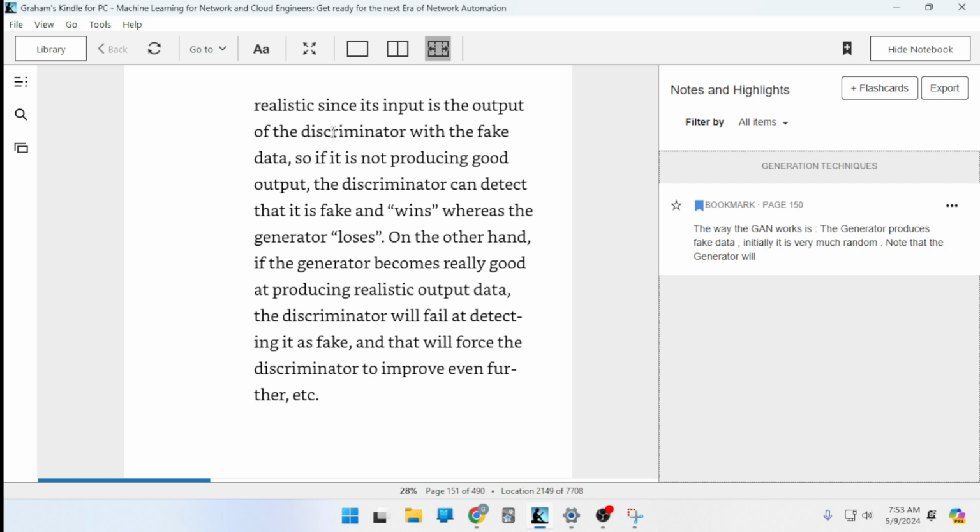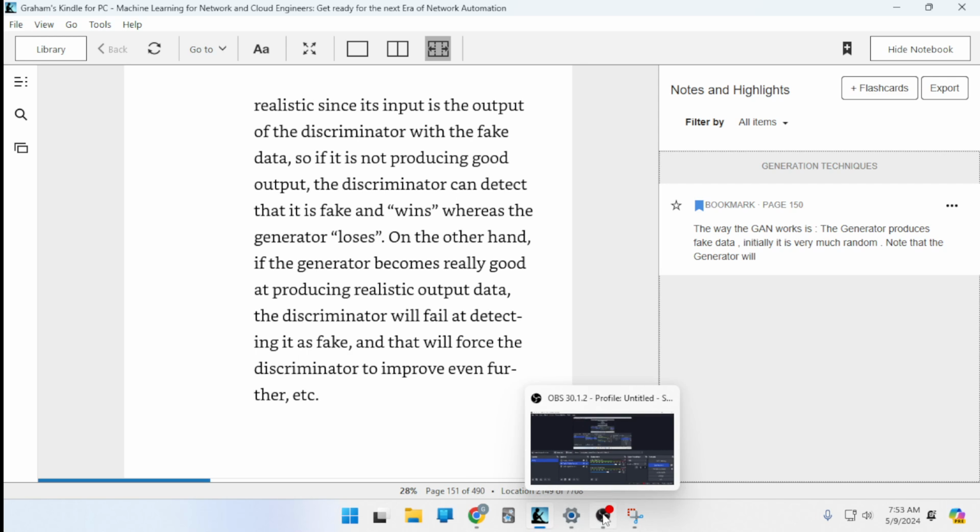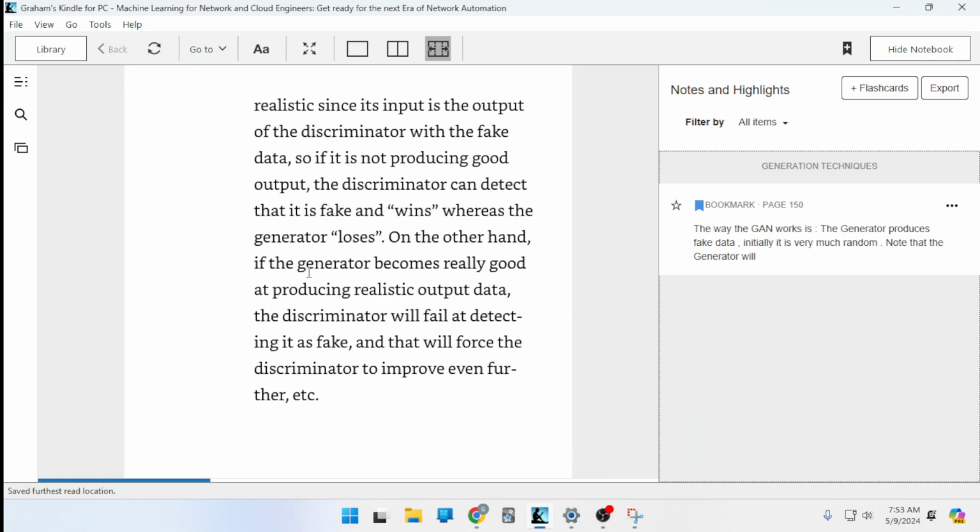So if it is not producing good output, the discriminator can detect what is fake and wins, whereas the generator loses. On the other hand, if the generator becomes really good at producing realistic output data, the discriminator will fail at detecting it as fake, and that will force the discriminator to improve even further, etc.